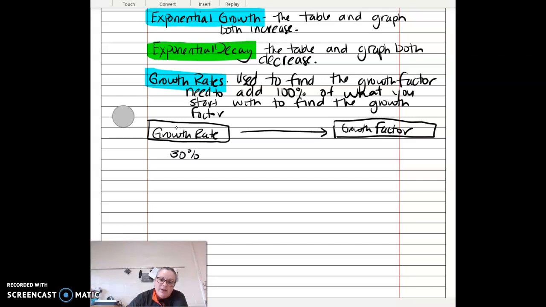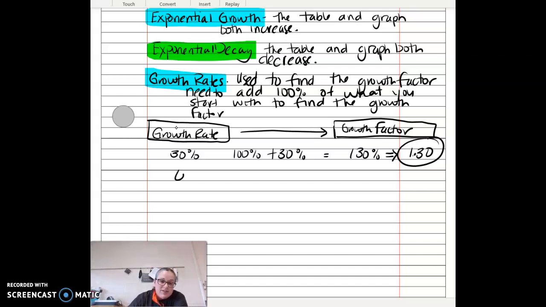So it's growing at a rate of 30%. To turn this into a growth factor, we have to take the 100% of what we started with plus the 30%, which gave us 130%. But in order to put this into our equation, we need to turn that into a decimal, which would be 1.30. This would be our growth factor.